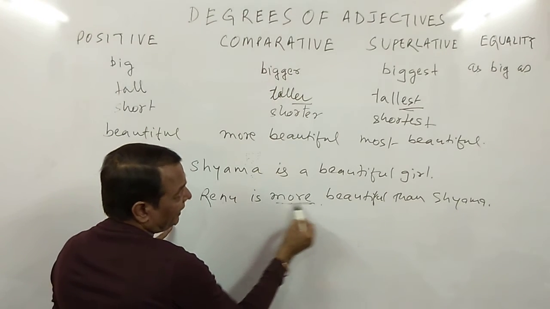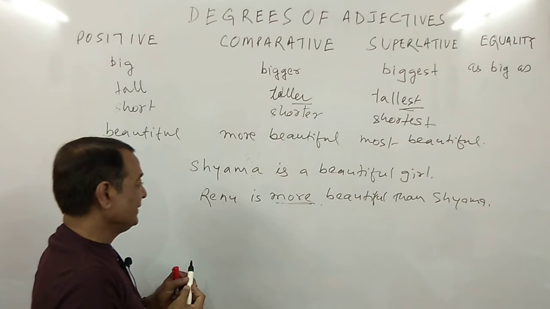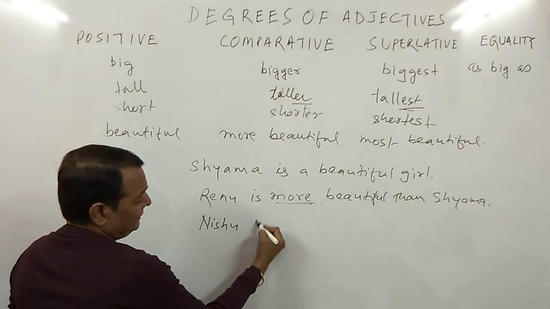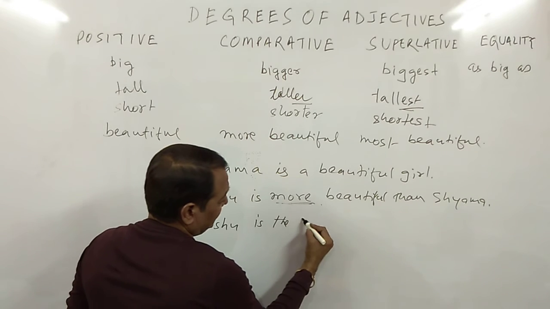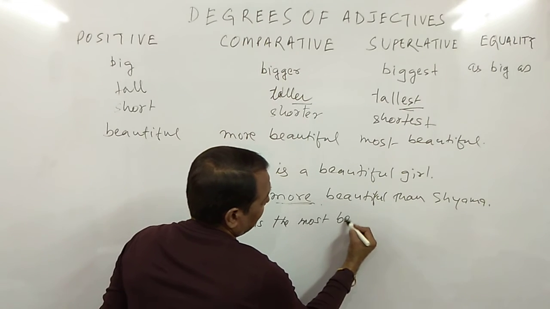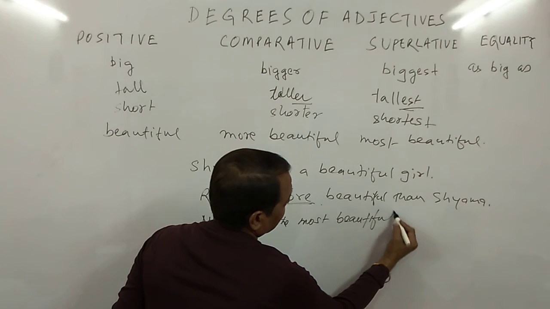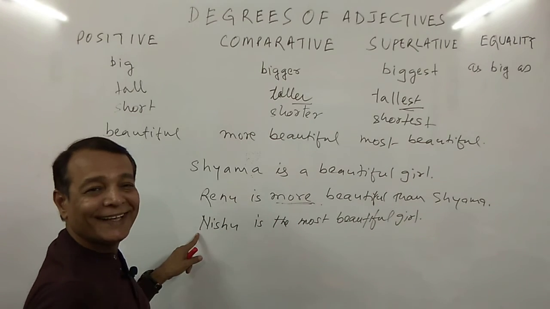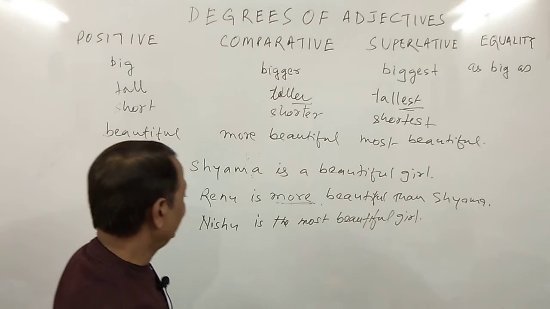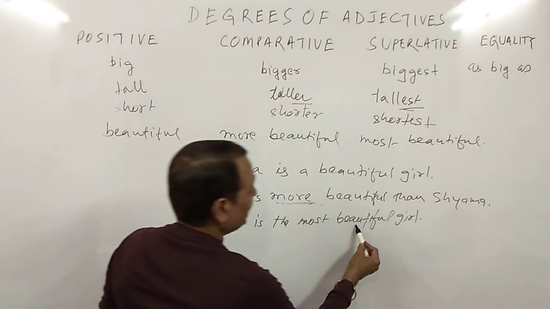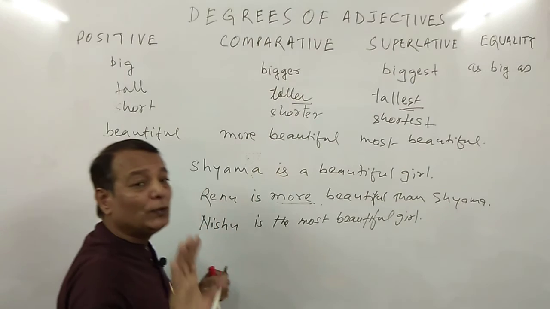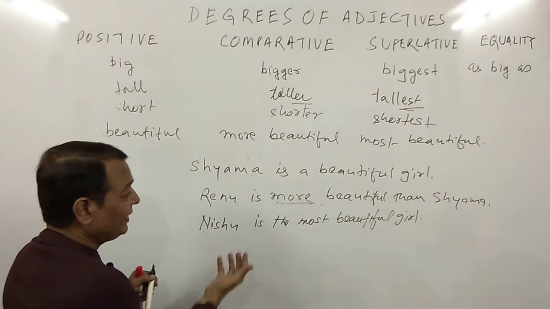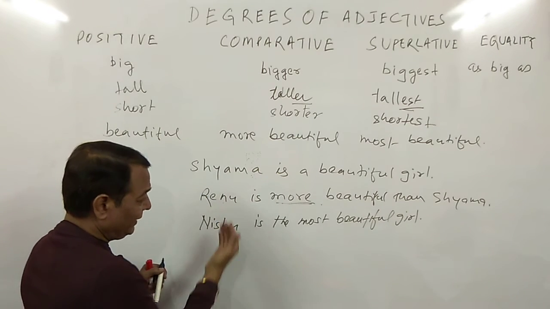So, comparative degree. Now, if I write Nishu is the most beautiful girl, here superlative degree means no girl is more beautiful than Nishu. So three names I have used: Syama, Renu and Nishu.